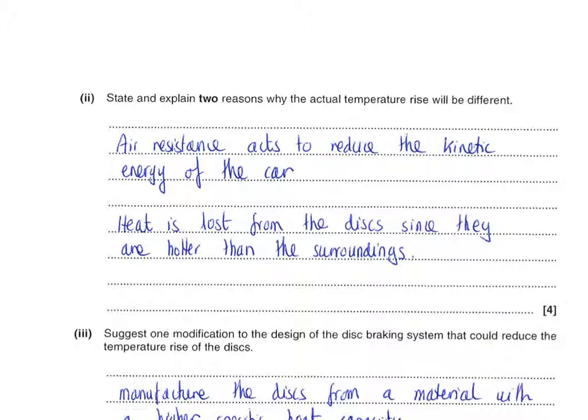Air resistance will do some work, and therefore the amount of kinetic energy that will be transferred to thermal energy in the brakes will actually be less. And secondly, we've assumed that all of that thermal energy stays within the brakes, and of course that's not true. Heat will be lost from the discs since they're hot in their surroundings, so they'll go on to heat the air and so on.